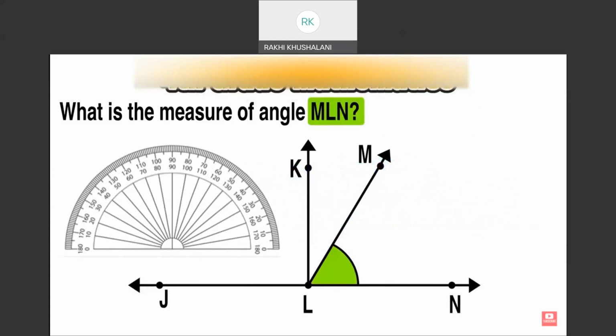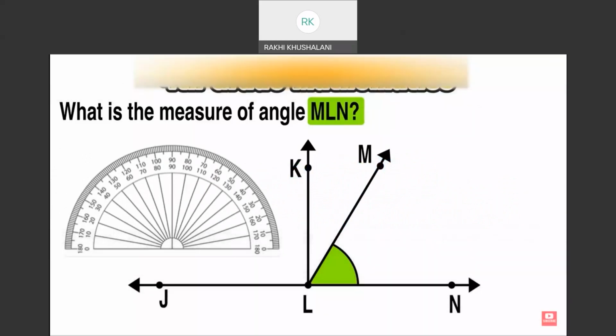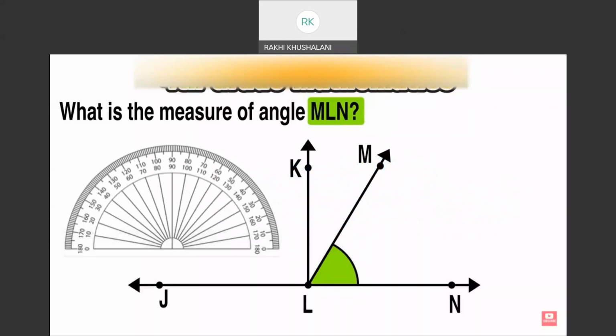So we pick up the protractor and we place it on the vertex L. Which point do I place on the vertex L? We'll just have a look here.